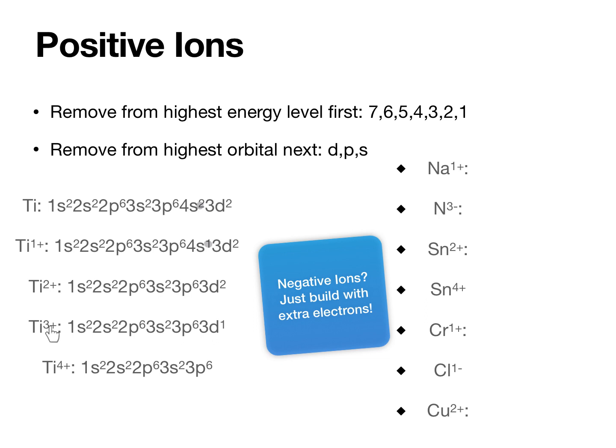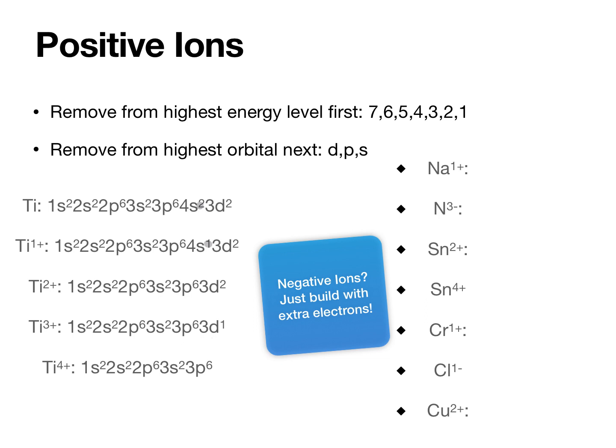So when I remove the 3rd electron from titanium to make 3+, that electron can come from the 3d orbital. In summary, we want to remove from the highest energy level first, then go down until that energy level is empty, then remove from the highest energy orbital.